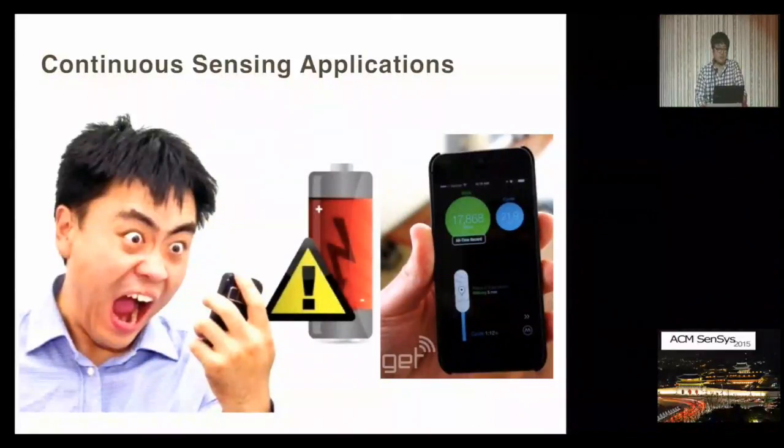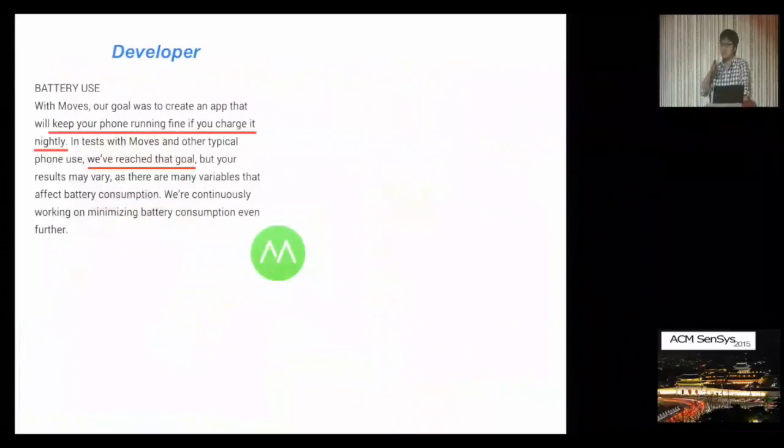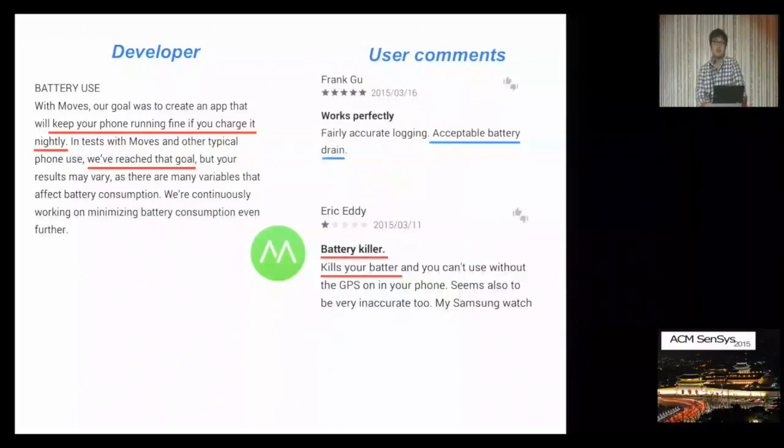Of course, before installing the application, we can see some power-related information in the application market. Some developers report the expected battery use in the description, like "it'll be fine if you charge your phone nightly." Also, some users leave comments about their battery experience.